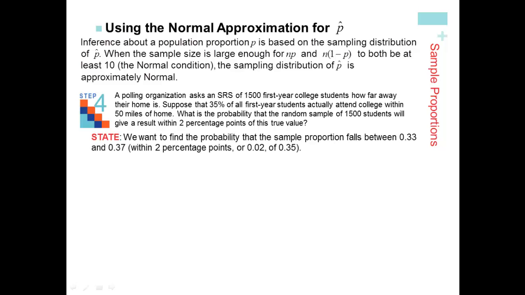So stating what I'm trying to find, we want to find the probability that the sample proportion will fall between 0.33 and 0.37. That's 2 percentage points from 35%.